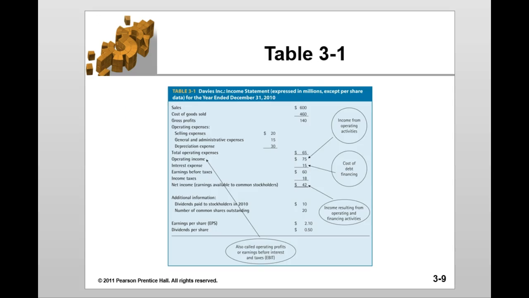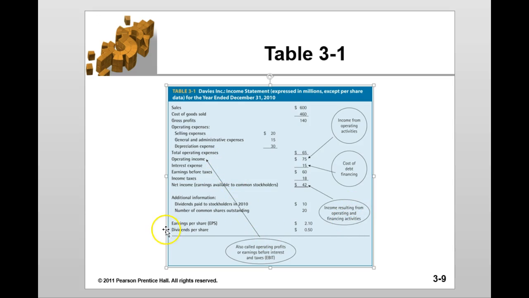And this is the way a typical income statement looks. You can see there's the sales, the cost of goods sold. Come down, here's your operating income. Here's your debt finance. Here's your earnings before taxes. Then your income tax is figured in. And finally, right here, you've got your net income.